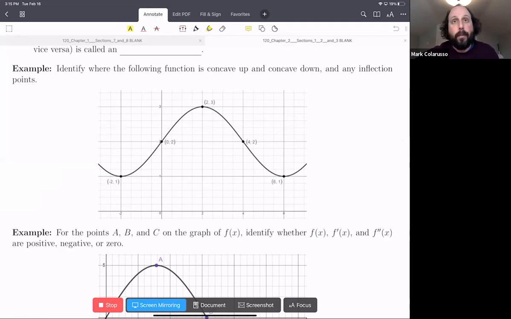The tangents begin to get more and more positive as we get down to 6, 1, where we have a min, and then it continues being positive. So I can summarize by saying it's concave up from the left endpoint to 0, 2. Then it's concave down till 4, 2, and then it's concave up the remainder of the way.